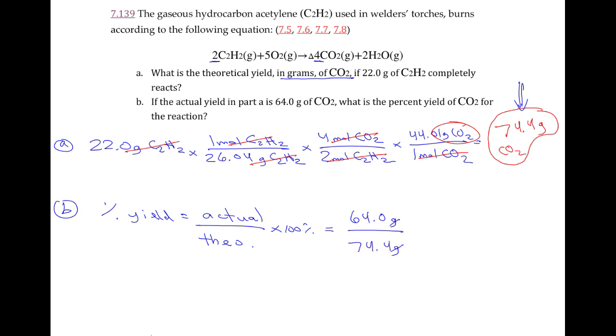So grams and grams are going to cancel out. Percent yield will be expressed as a percentage. We end up with 86.0%. Still not too bad. That's pretty good. So hopefully this helps you with stoichiometry and calculating percent yield.